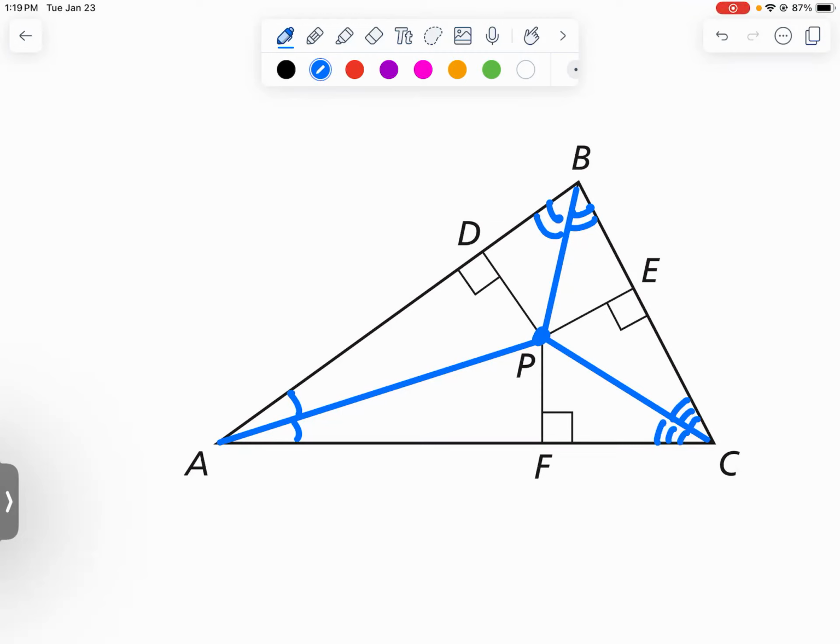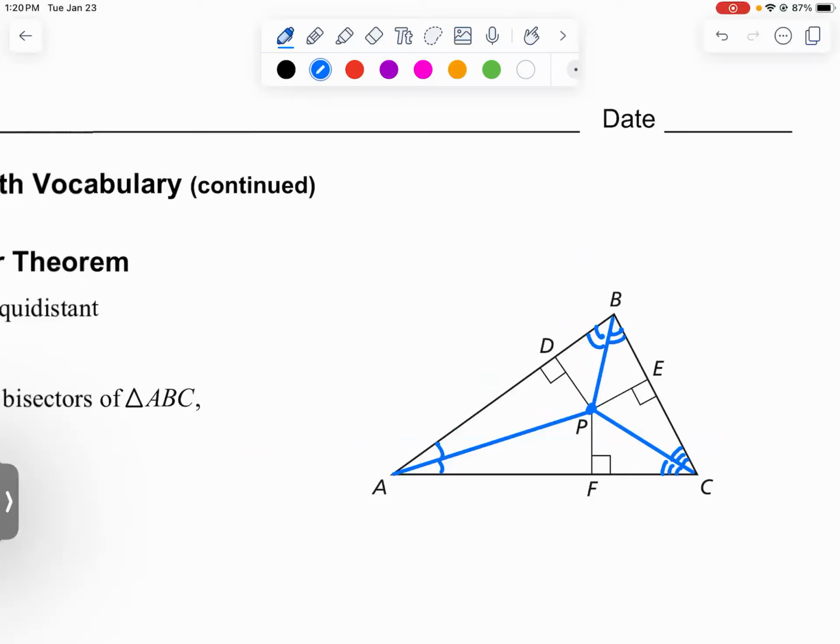Okay, so I highlighted the angle bisectors. So, did you have a question?